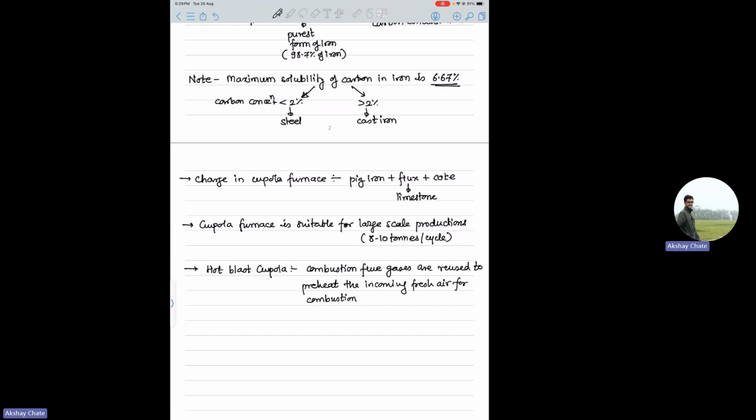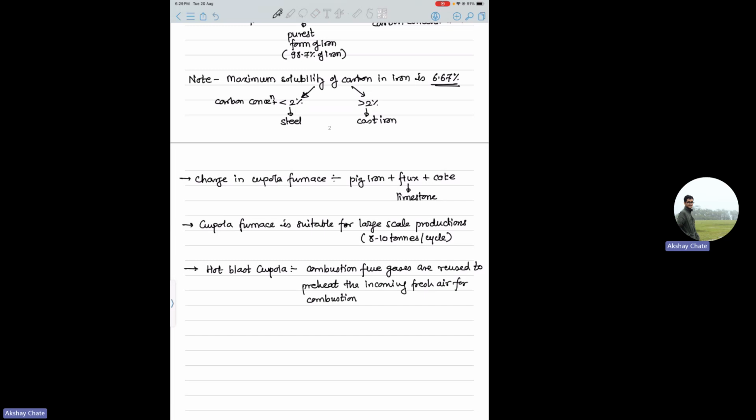So cupolas are not suitable for steel, because you need even higher temperatures. There, electric arc furnaces or electric furnaces are suitable. But for cast iron, this is the best option that you have, and most of the time it is used also.